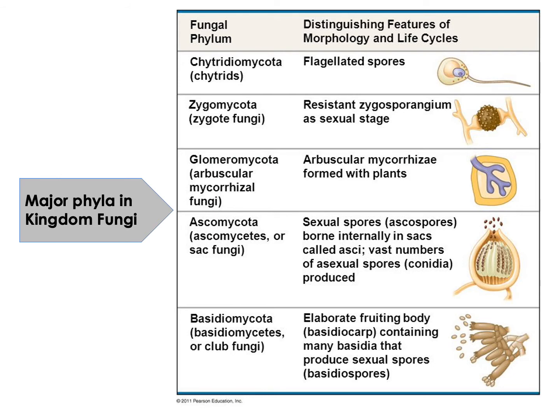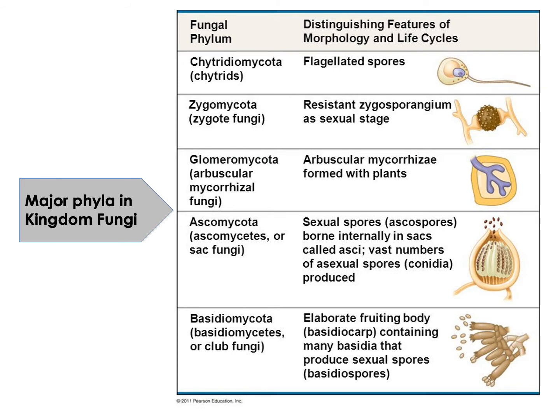The next phylum we have is the Zygomycota, which is the zygote fungi. They have a resistant zygosporangium at the sexual stage. And then we have Glomeromycota, which is the mycorrhiza fungi. They are arbuscular mycorrhizae. They form with the plants; they invade the plants.